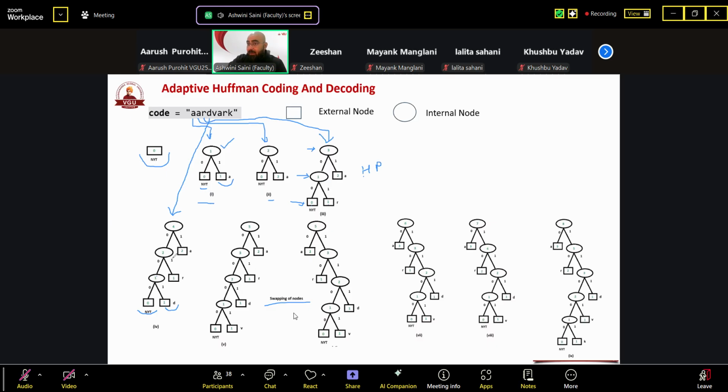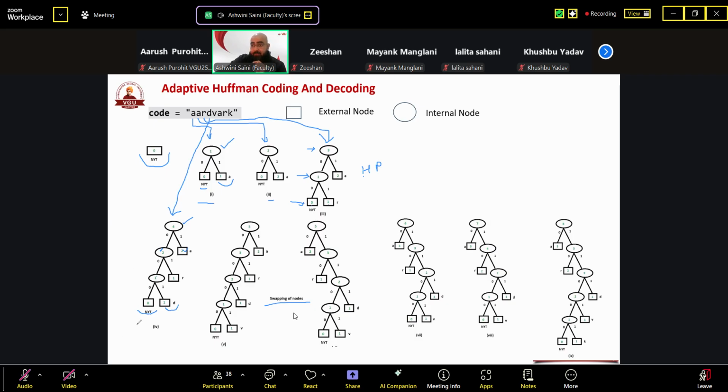We are updating the weight 2 in the internal node, and then if this is 2 and this is 2, we will be updating this weight: 2 and 2 is 4 at the root. This step is a similar step as we used for R and initially for A. If you have any doubt, please raise your question.